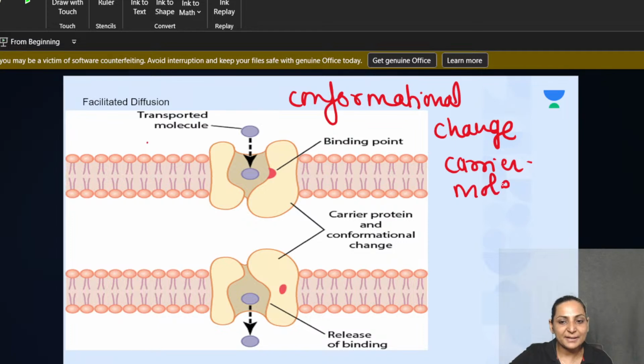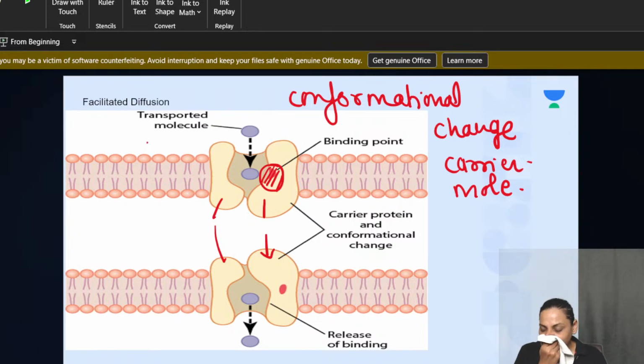You yourself can appreciate this: as the molecule to be transported binds to its binding site on the carrier protein, there occurs a conformational change, and that results in the release of the molecule.